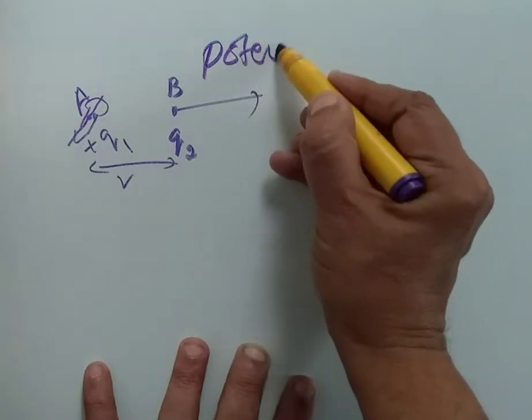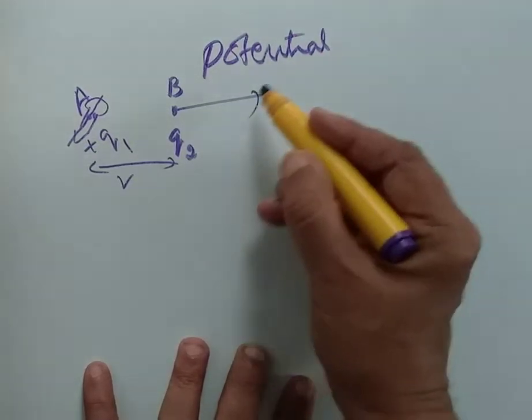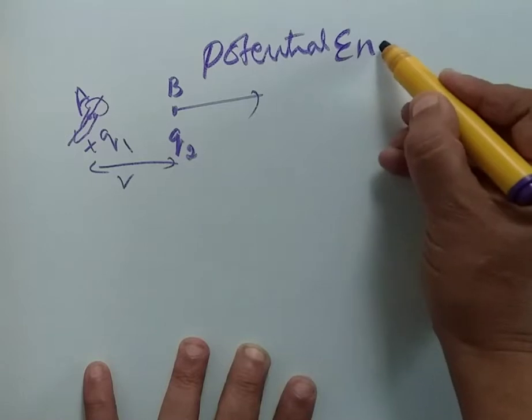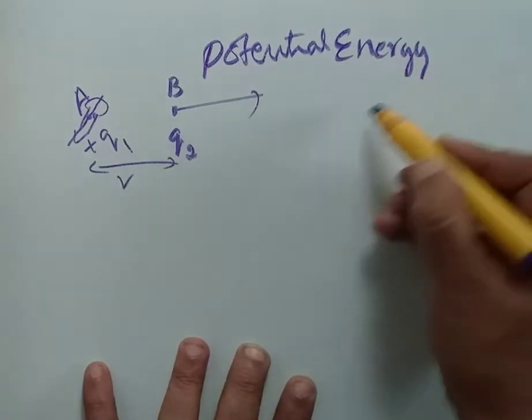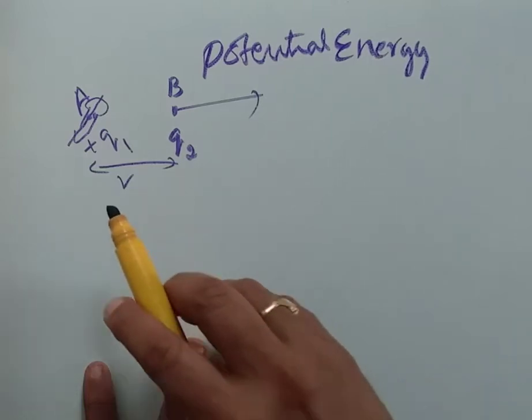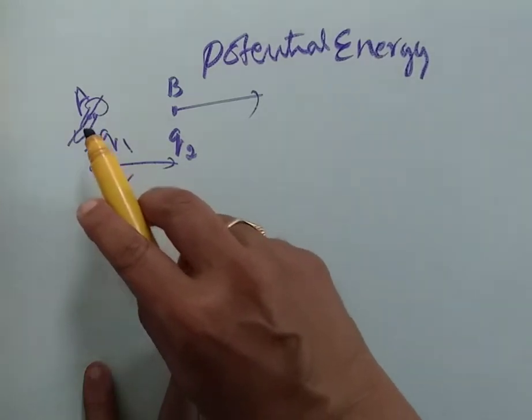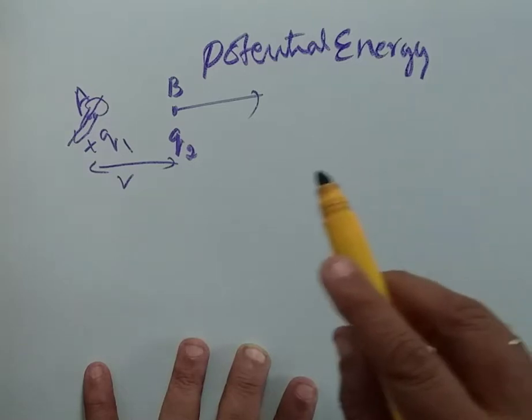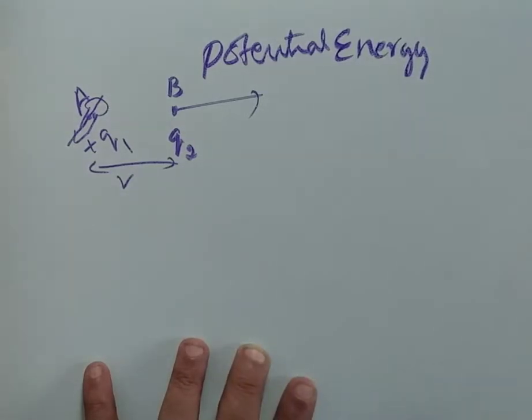What I said just now is for gravity, and what we said just before this is for the electric case. That is, whenever there is a charge Q1 fixed at A, if you want to bring charge Q2 to point B, then we have to do some work.